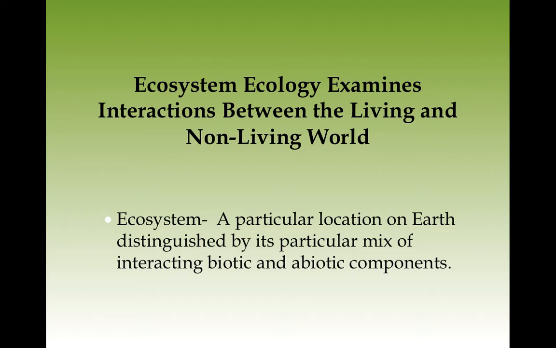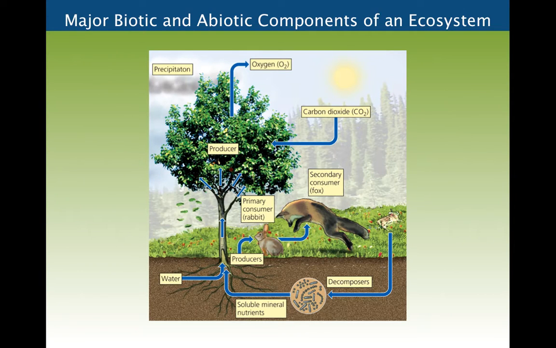We can start by defining ecosystems as a location on Earth that has similar characteristics when we're looking at your biotic and abiotic components. This diagram here is showing you some of the major biotic and abiotic components of an ecosystem. So if you look at the biotic components here, or the living things here, what would they be?